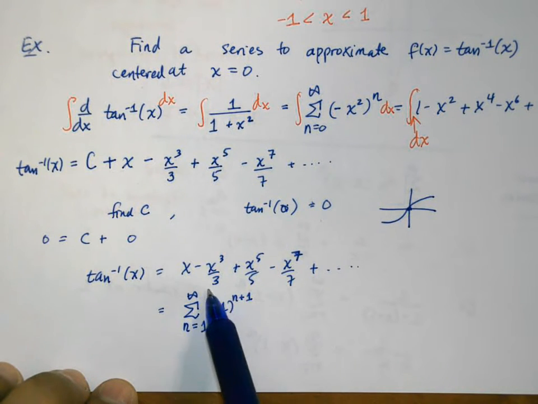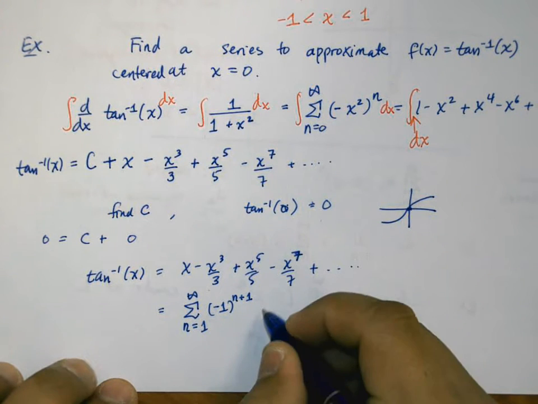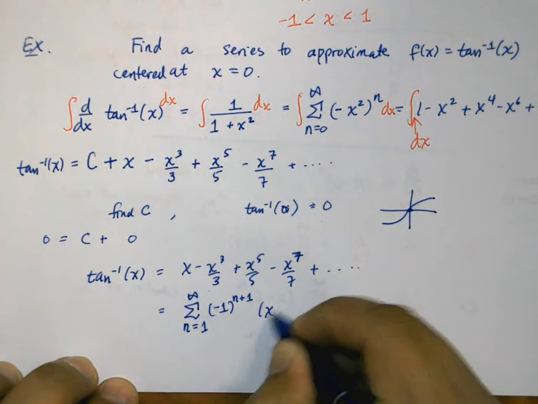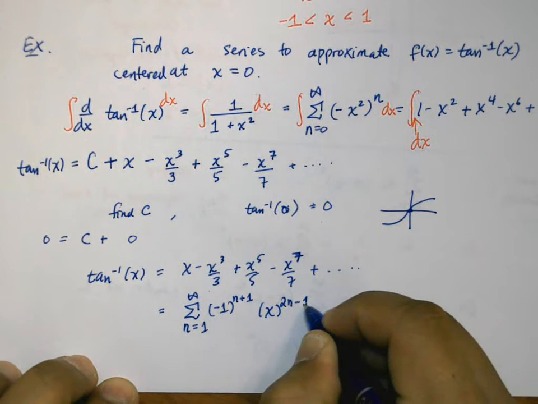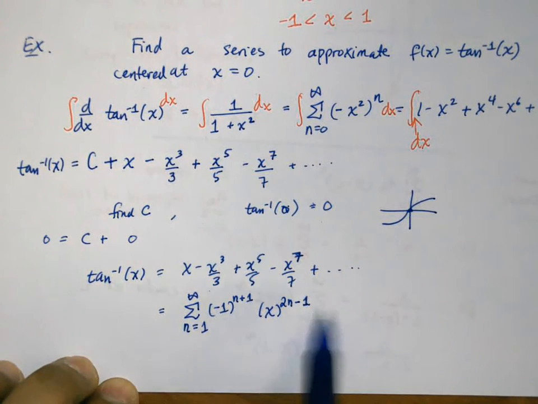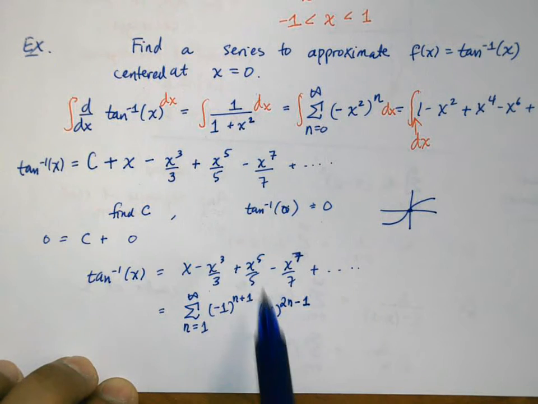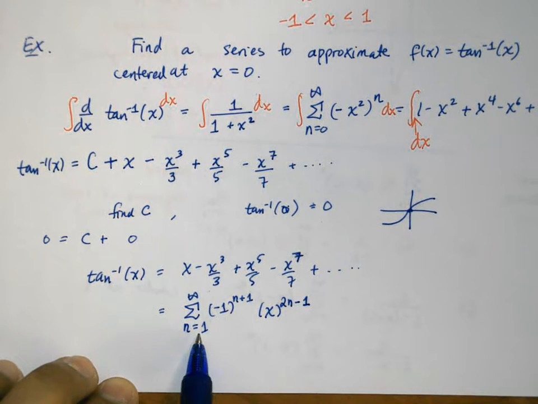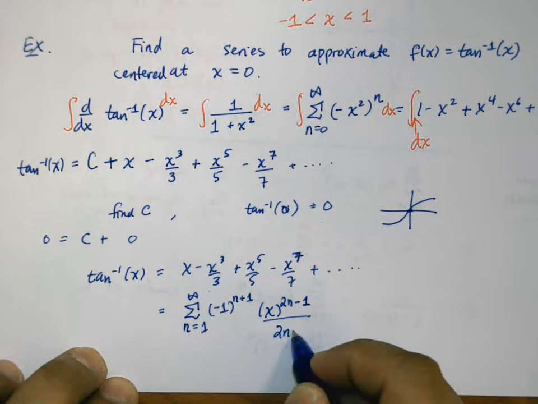And then if you look at the pattern here, it's just the odd powers over that odd number. So this is x to the 2n minus 1. It's important that we use 2n minus 1 here instead of 2n plus 1 because, again, we're starting at n equals 1. All of this over 2n minus 1.